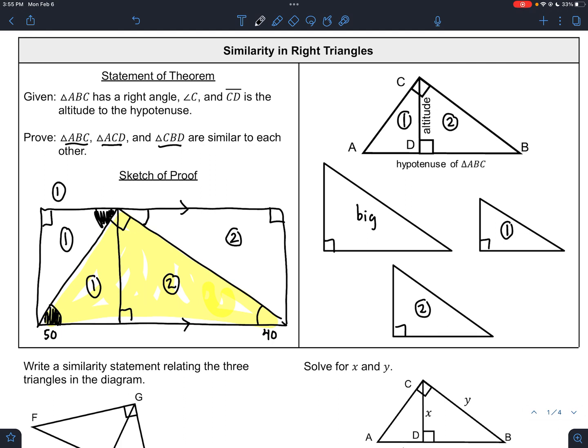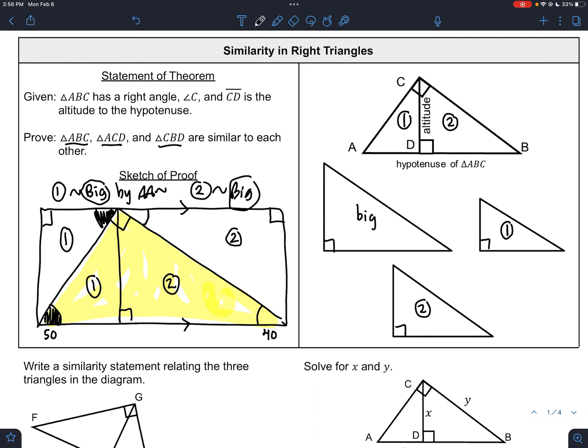And I think we've got somewhere, because triangle 1 is similar to the big triangle by angle similarity. Because look, the big triangle has the right angle and the black, and triangle 1 also has the right angle and the black. So they're similar.